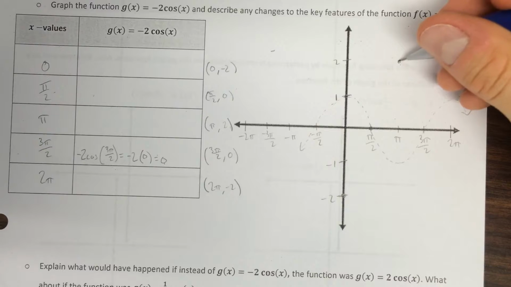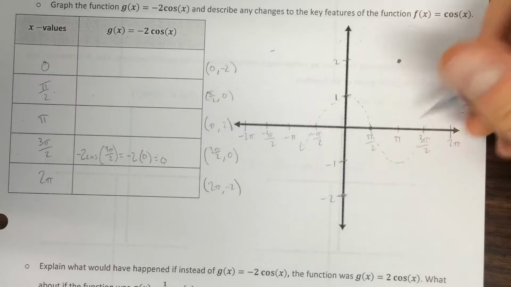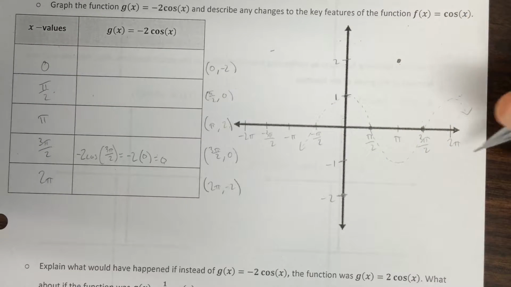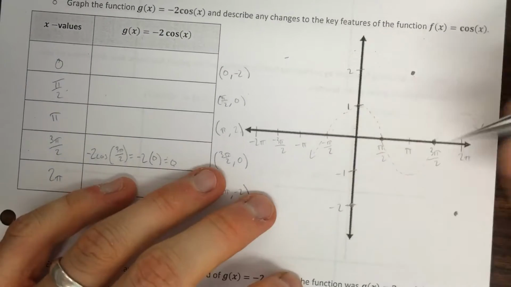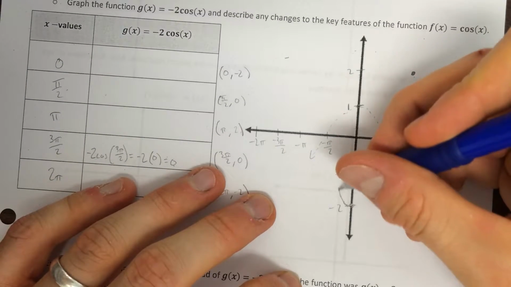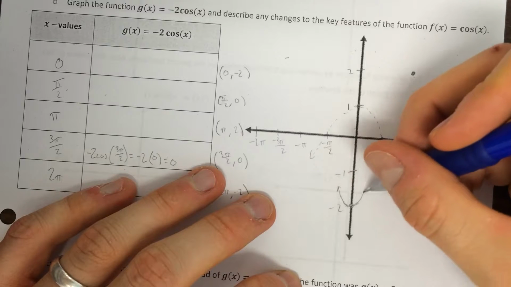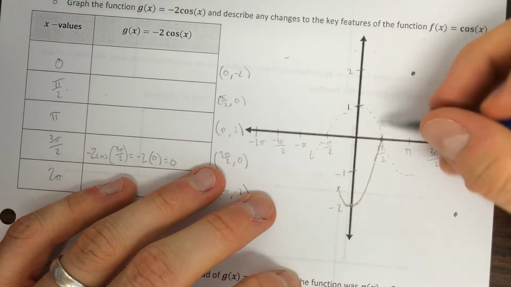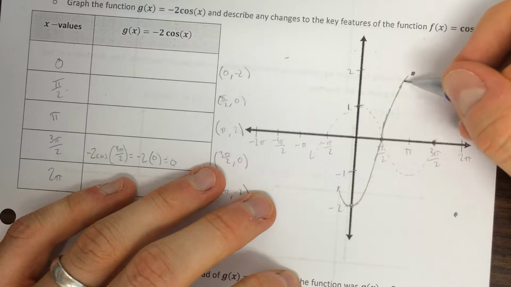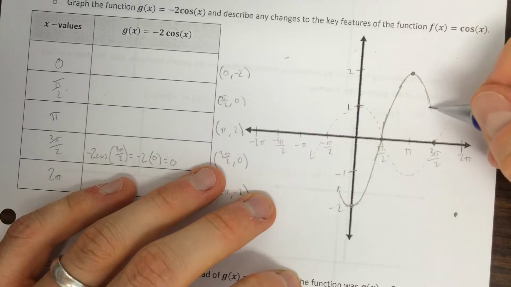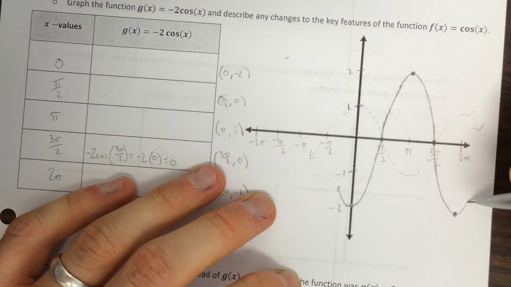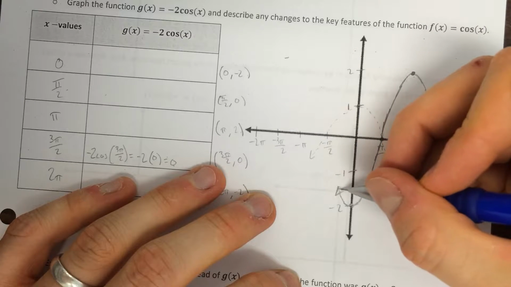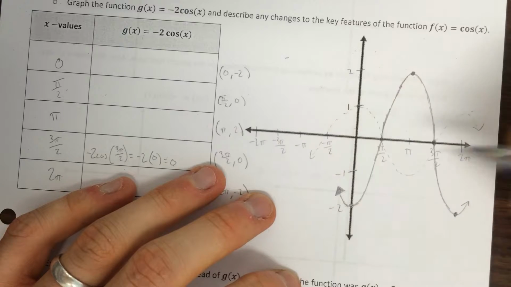Pi, 2. 3 pi over 2, 0. And 2 pi, -2. And so our function looks something like this.